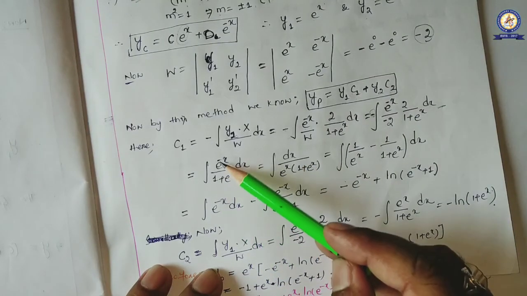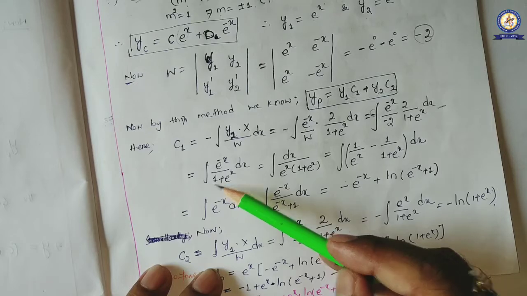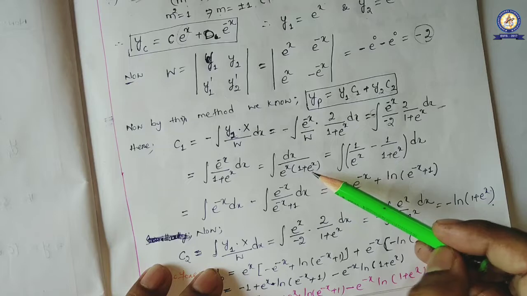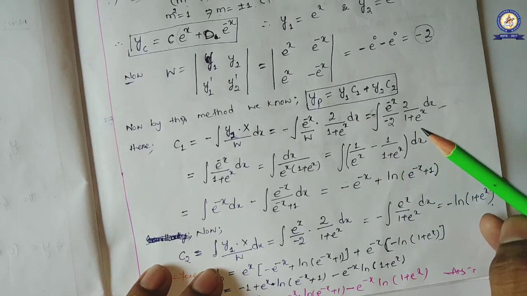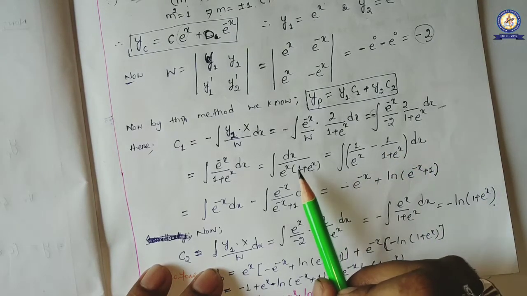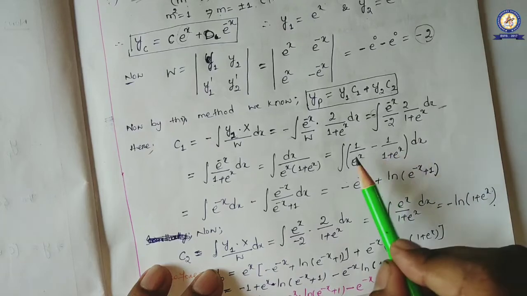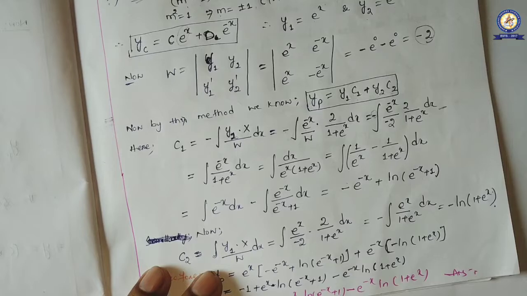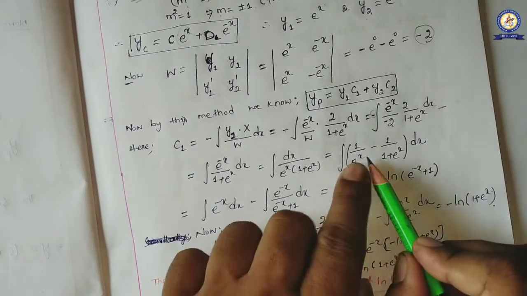Now here e to the minus x can be taken to the denominator, that is dx by e to the x into 1 plus e to the x. So I just written it in this format, by separating the two terms.